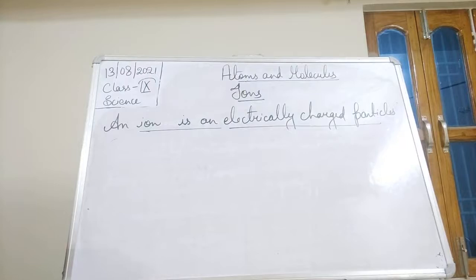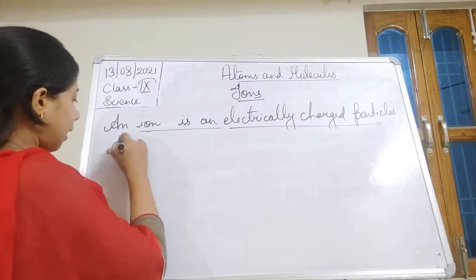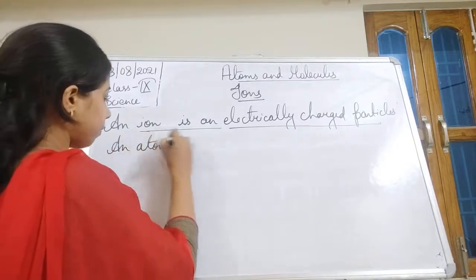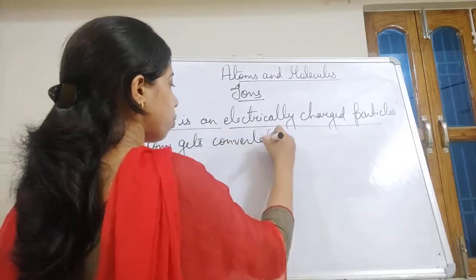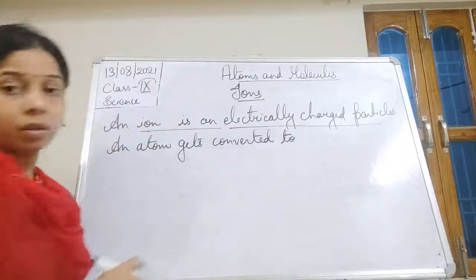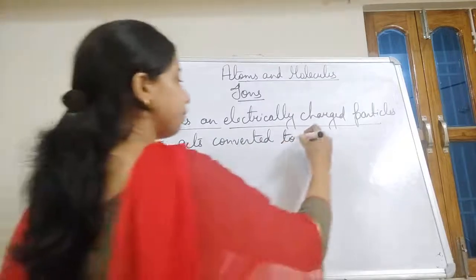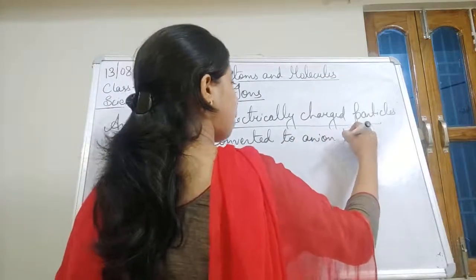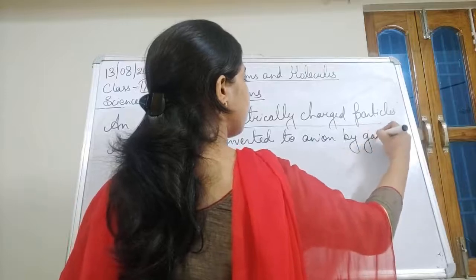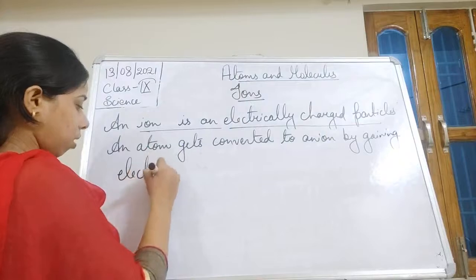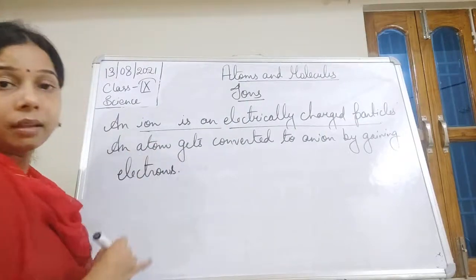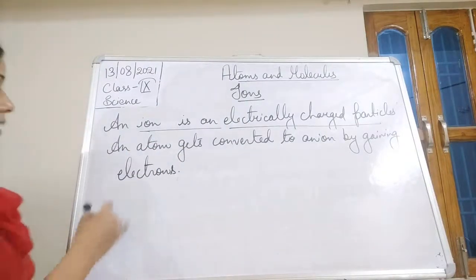So we can say here that an atom gets converted to an anion by gaining electrons.